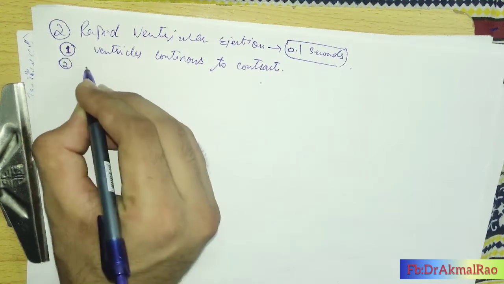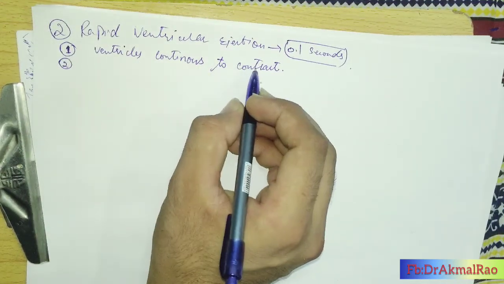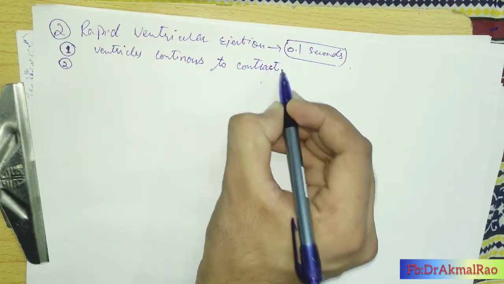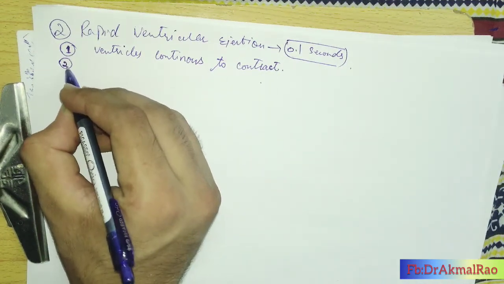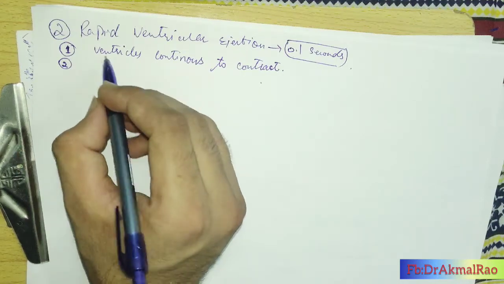Second thing is, because these ventricles are contracting, the space is getting lesser, so the pressure will increase.